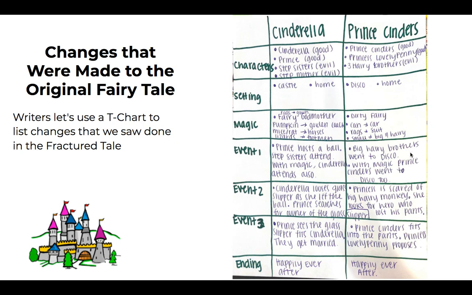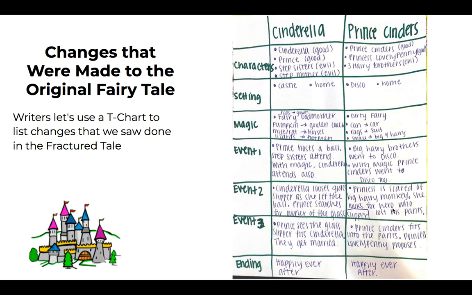The first big event was, instead of them going to the ball with a prince, they would take the princesses to a disco. And with magic, Prince Cinders was able to go to the disco too. Okay, instead of Cinderella losing her glass slipper and the prince searching for that, the princess got scared of a big hairy monkey and she wanted to find her hero, and the hero lost his pants.